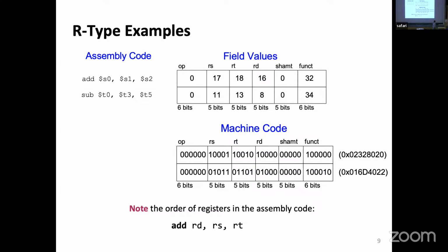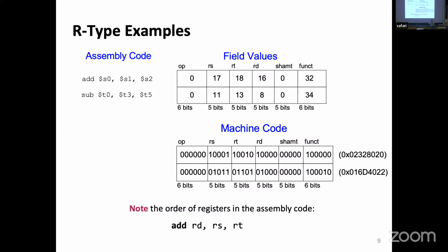And what would happen? Well, I could then translate this. This would be the assembly code. From the assembly code, I could get to these numerical values. I can translate them to binary. So the op code is 6 zeros, 17 is 10001, 18 is 10010, 16 is 10000. The shift amount is 0. The function is 32.